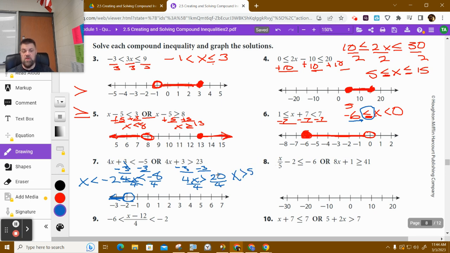So at 5, I either put an open or closed circle. What do I put? At 5, do I put an open or closed circle based on this? Open.